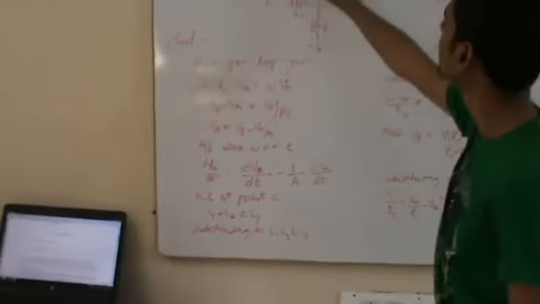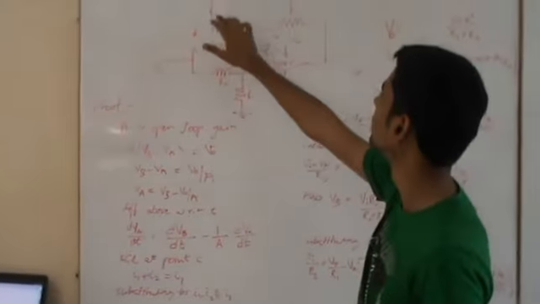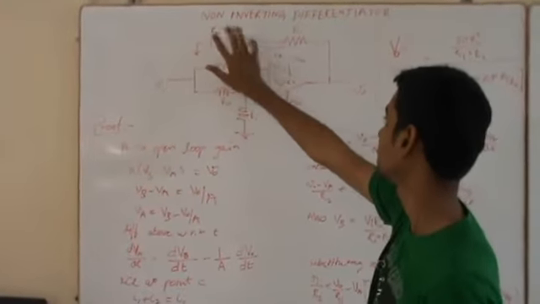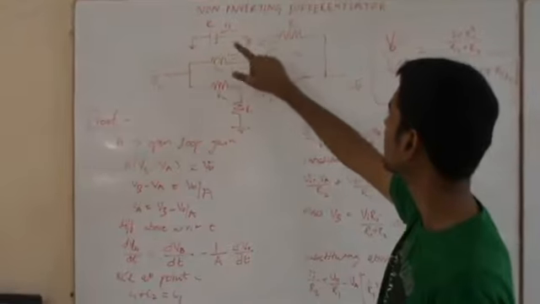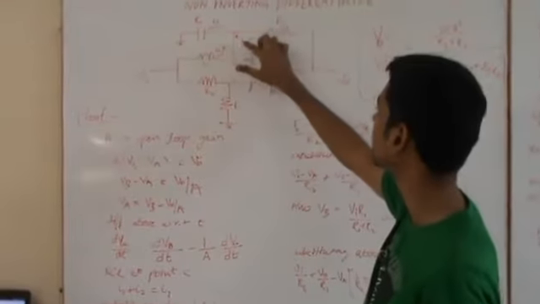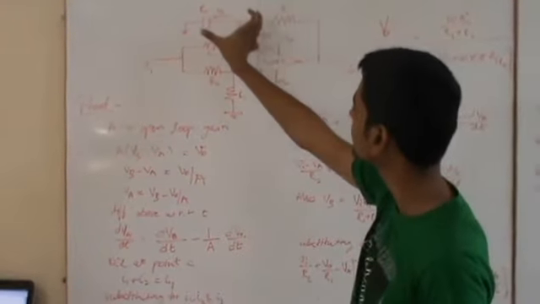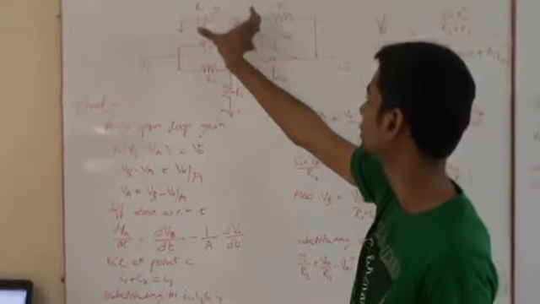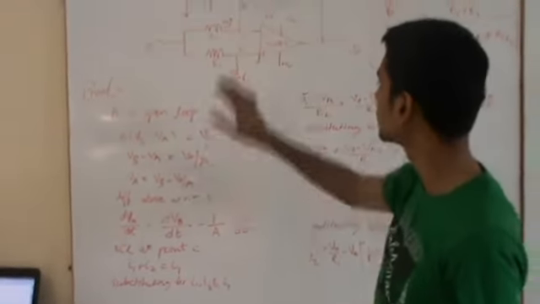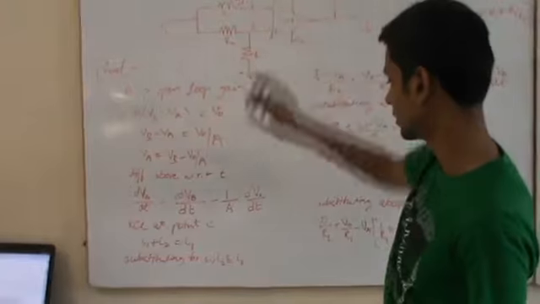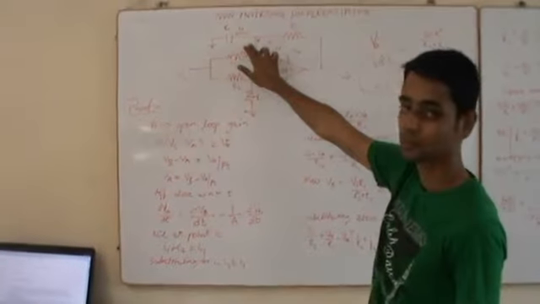Also, I3 is the current through this capacitor, and as we know, the current through the capacitor is given by C, the capacitor value, multiplied by the differential of the potential difference across it. So I3 is equal to C dVC by dt.